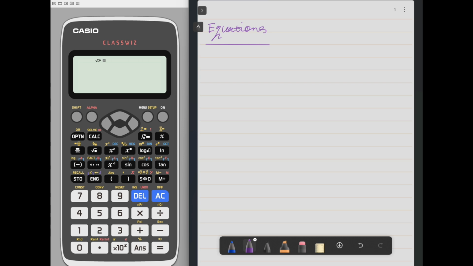Alrighty guys, so as for section 3.1, well, I have meshed sections 3.1, 3.2 and 3.3 in this video. So we will start with linear simultaneous equations.